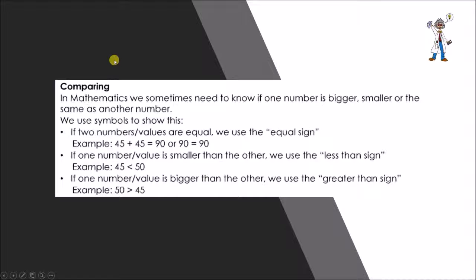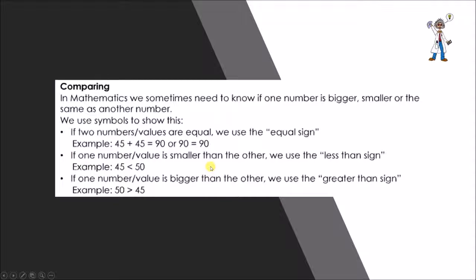When comparing numbers, in mathematics we use symbols to indicate the relationship between them. If a number or an expression is the same as another number, we use the equal sign, like 45 plus 45 is equal to 90, or 90 is equal to 90.